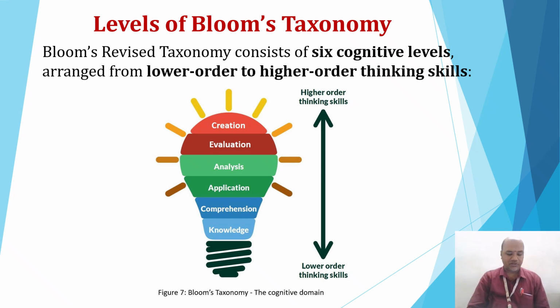I will give sample questions for level 2. Explain the concept of working capital. Summarize the features of digital marketing. So the skill developed is comparisons and conceptual understanding. So these are level 2, understand or conceptual clarity.